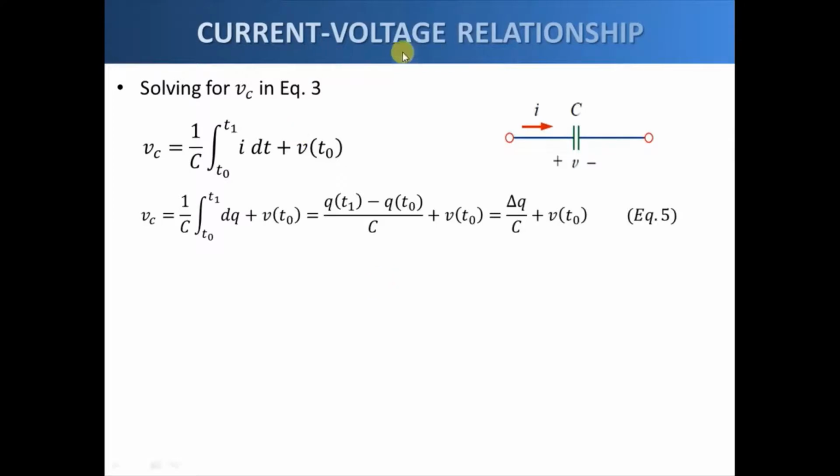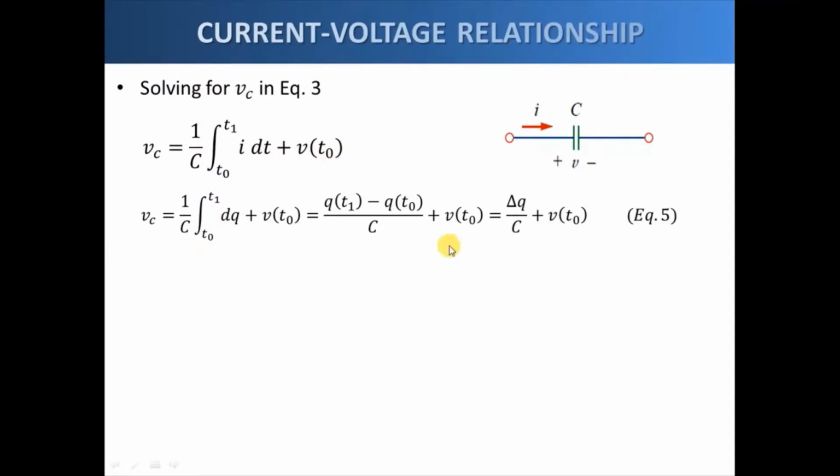Now, for the current-voltage relationship, we can also solve for the voltage across the capacitor given a current function. If we simplify this, the voltage is equal to the integral of I dt plus an initial value, the initial voltage of the capacitor.